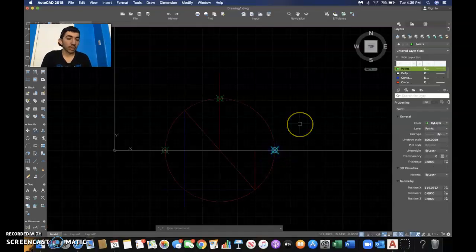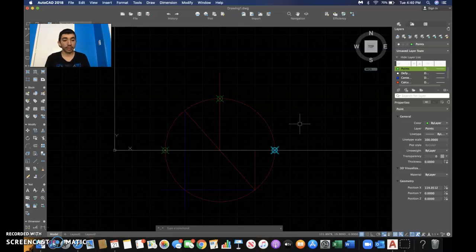And so sigma 1, the major principal stress, is going to be 114.0512 kPa. The minor principal stress is going to be 35.9488 kPa. Okay. And then the maximum shear is gonna be 75 kPa.